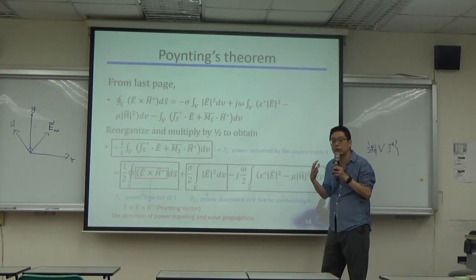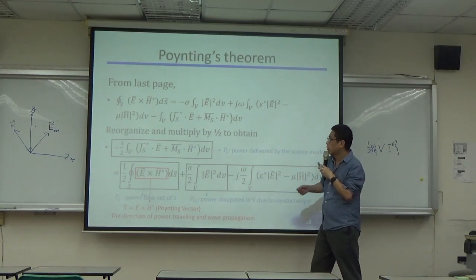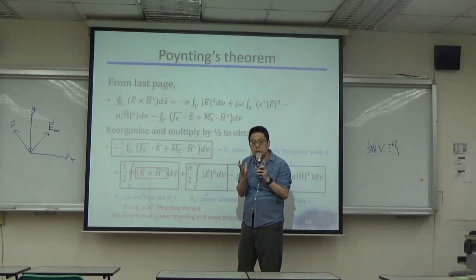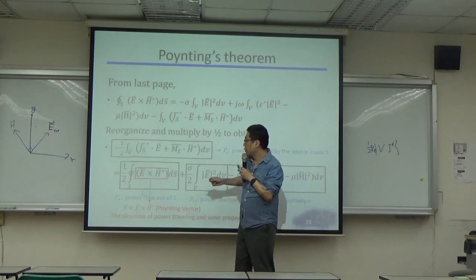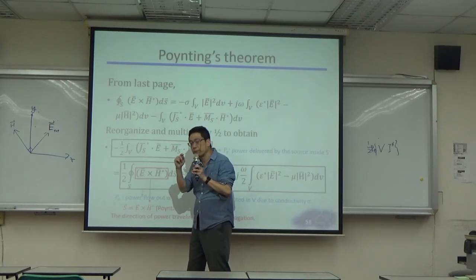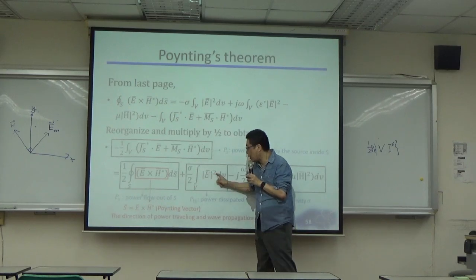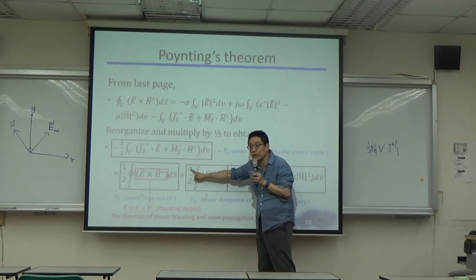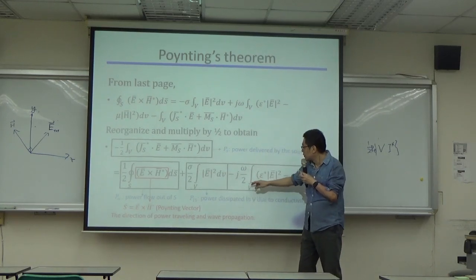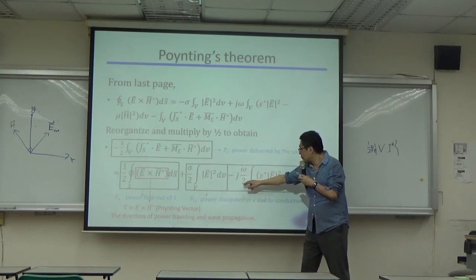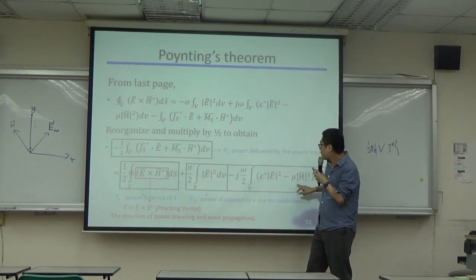So your power from the source equals your power transferred plus your power loss, because sigma is the conductivity loss, plus this one minus this one.